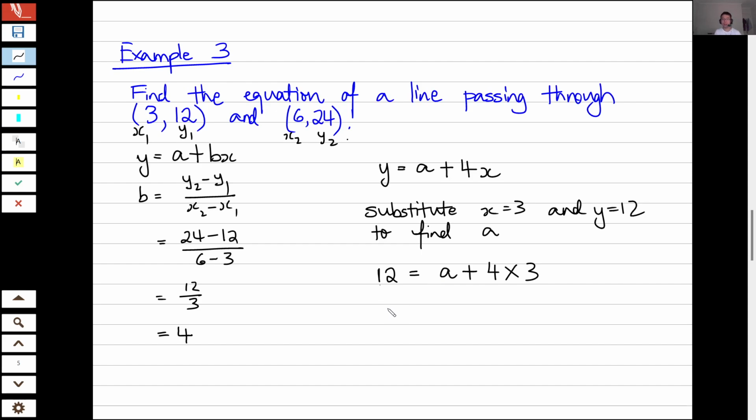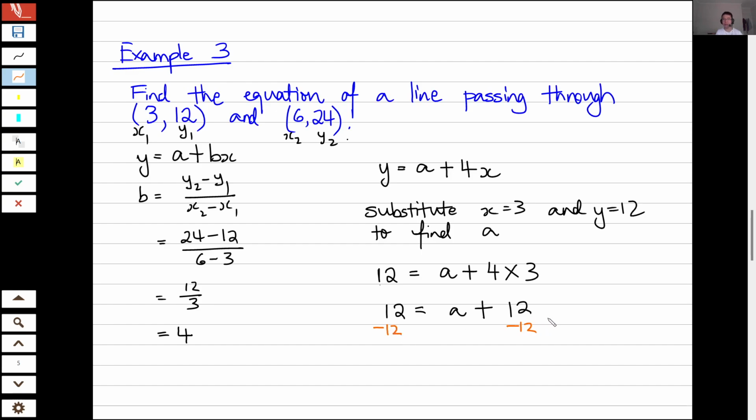All right. Now, if we do this, you'll notice that I have a linear equation for a. And I can rearrange this equation by performing the relevant operations.